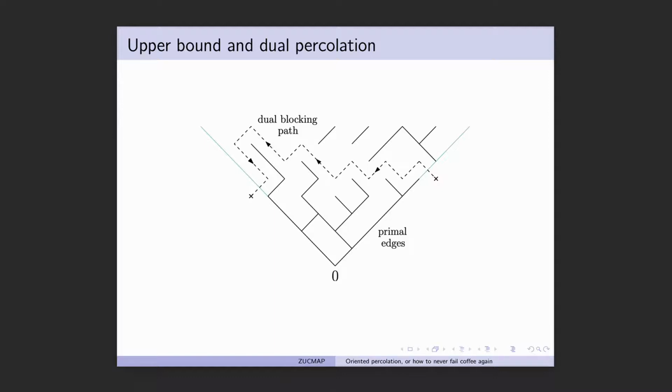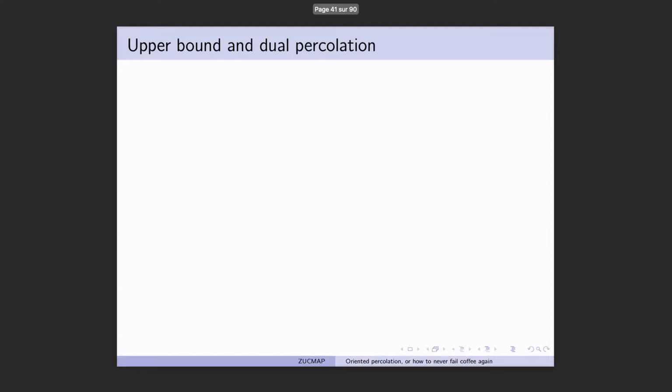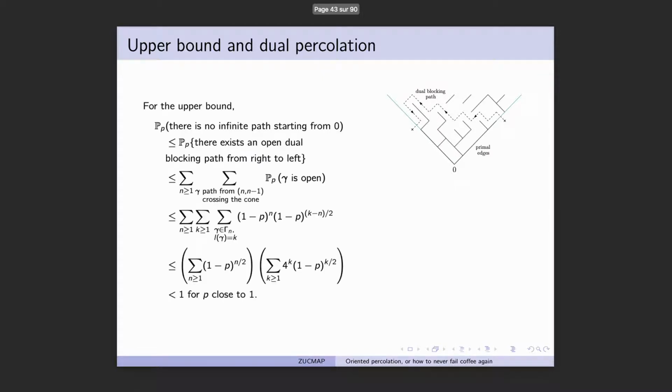Now the techniques are pretty much the same as for the first part of the proof. So I'll just have the picture in one corner of the slide, and okay, that's a lot of equations, but actually it's not so bad. It's pretty much what I said. If there is no infinite path starting from 0, it must mean that I have some kind of blockade, a dual path, preventing me from being infinite.